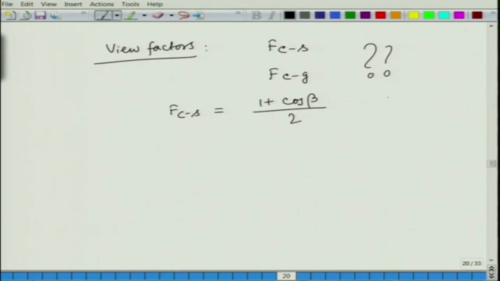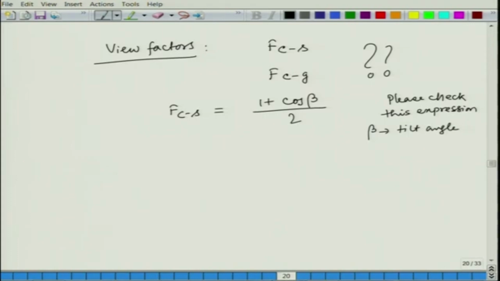I insist that you please check this expression from the consideration of geometry, where beta is the tilt angle.